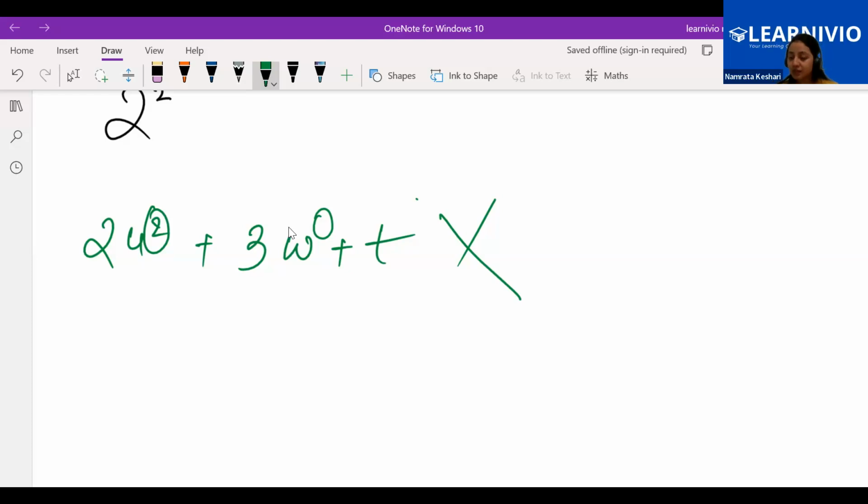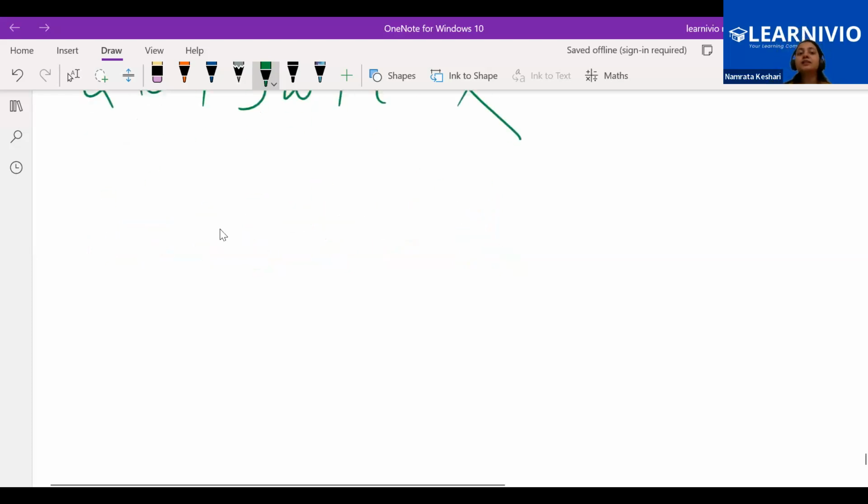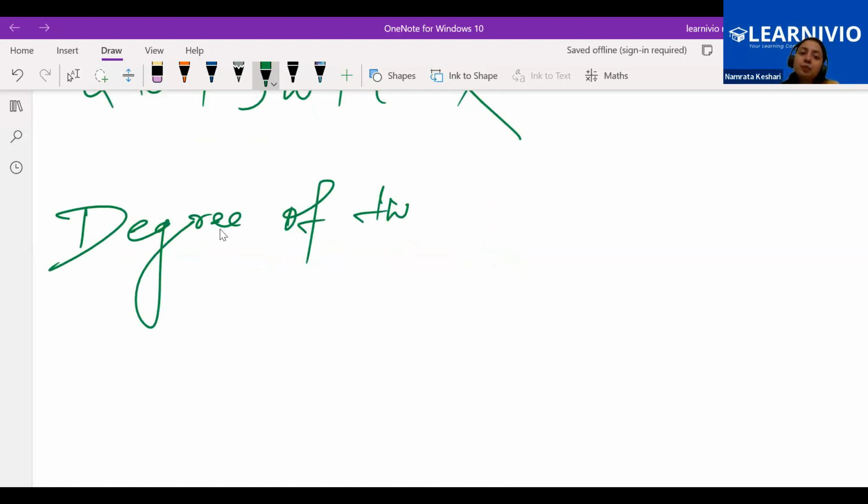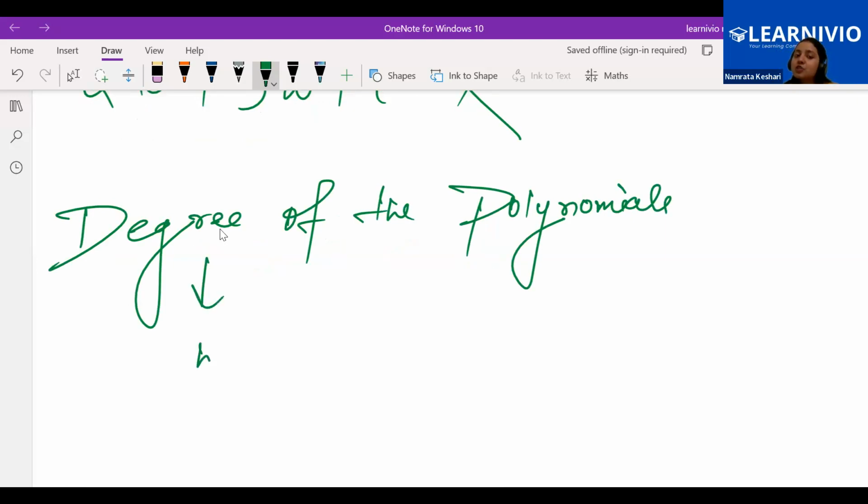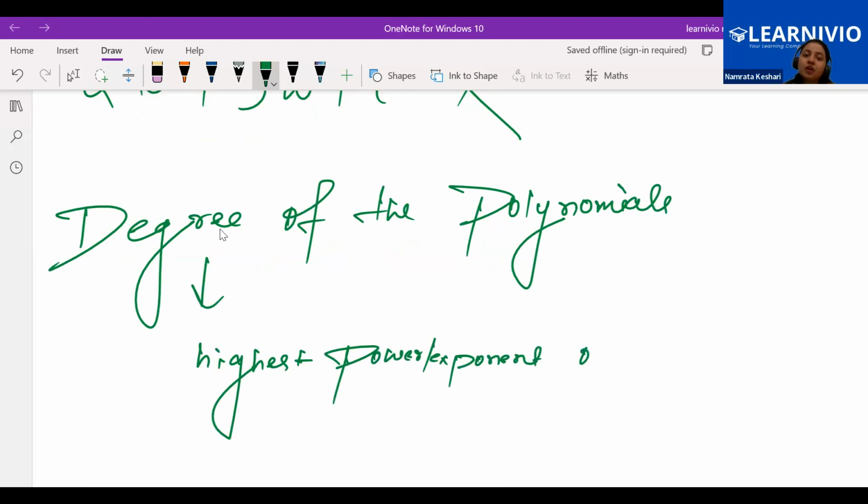Yeah. Now there comes the concept, that is degree of the polynomial. Degree of the polynomials means highest power or exponent of the variable.